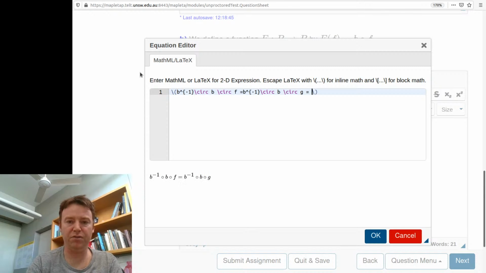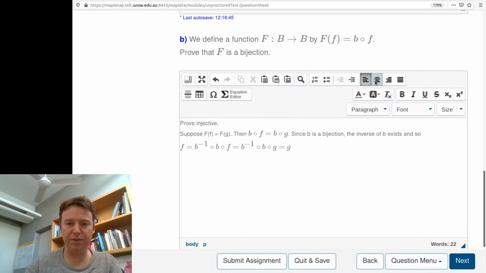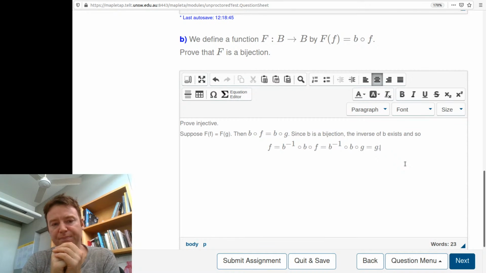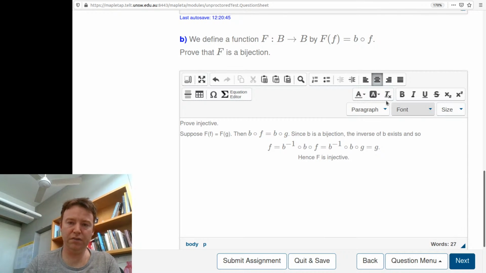And that one's just going to be equal to g, and that one's just going to be equal to f. And maybe I'll center it so it looks pretty. Full stop. Yay. Hence, F is injective. Good.